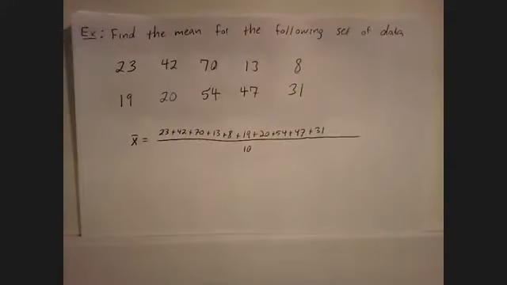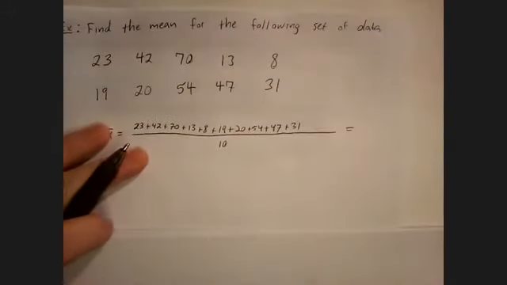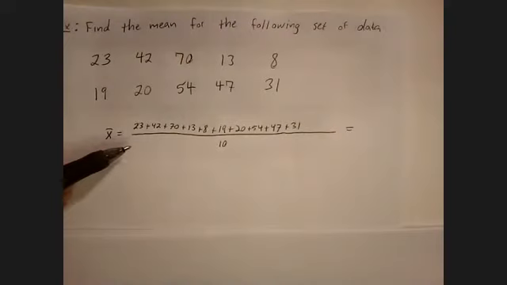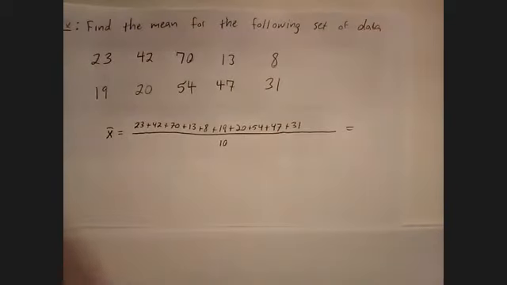If I type this in the calculator, I'll be completely honest, while I can do this all in one step, I'm going to do this in 2 steps. I'm going to do the stuff on top first. We're going to add all of those things.